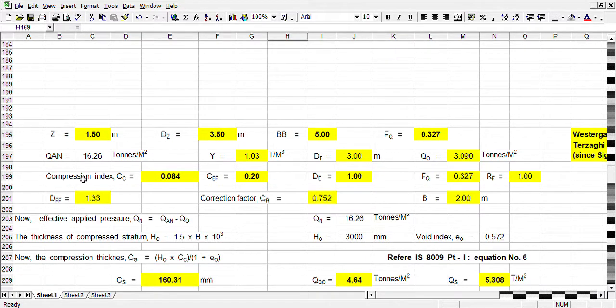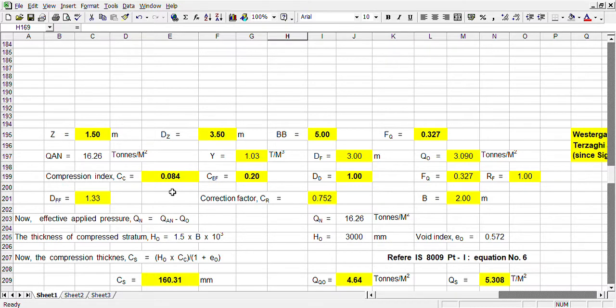and the compression index is determined from the consolidation test, or simply there are two equations recommended by IS 1904 and IS 8009 part 1.